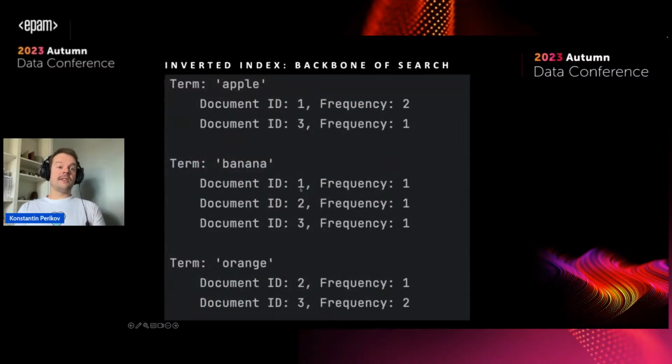An example of this postings list could be something like this. I just printed it for clarity. Here we can see the term apple, and it exists in document 1 with a frequency of 2, in document 3 with a frequency of 1, and so forth. So we already have these extra term statistics that we could use.